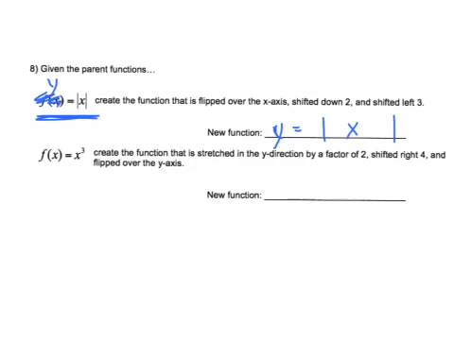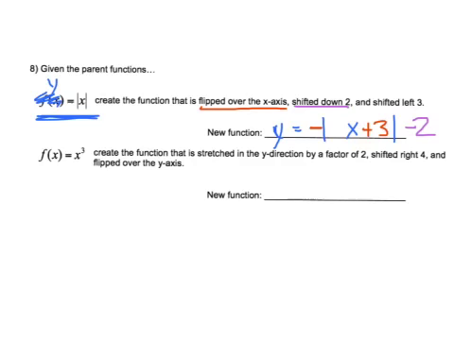Within there, I need to flip it over the x-axis. X-axis is a negative out front, so I'm going to shove a negative out front. Shift it down 2. Down 2 goes on the outside, so I'm going to minus 2. And then left 3. Let me think about this. Left are negative numbers, and so we're going to give it a positive value inside our function.